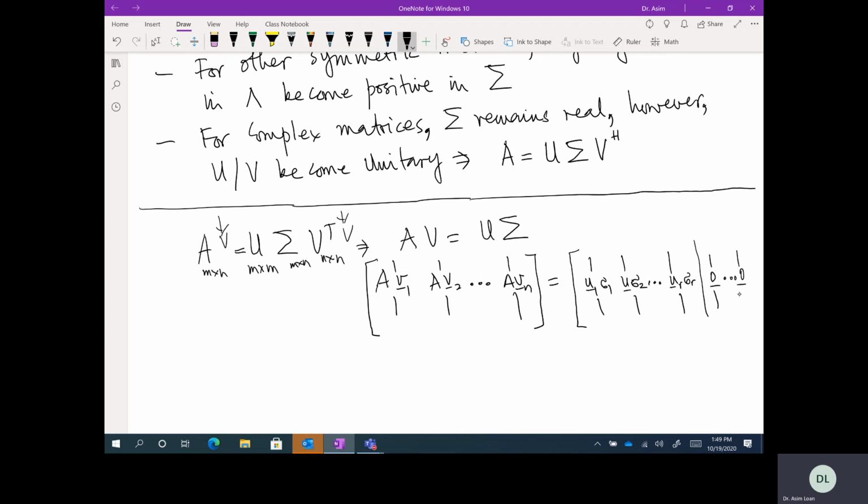This is the matrix I have. Why is it like this? Because the R non-zero sigma i are on the main diagonal of the rectangular matrix sigma, right?